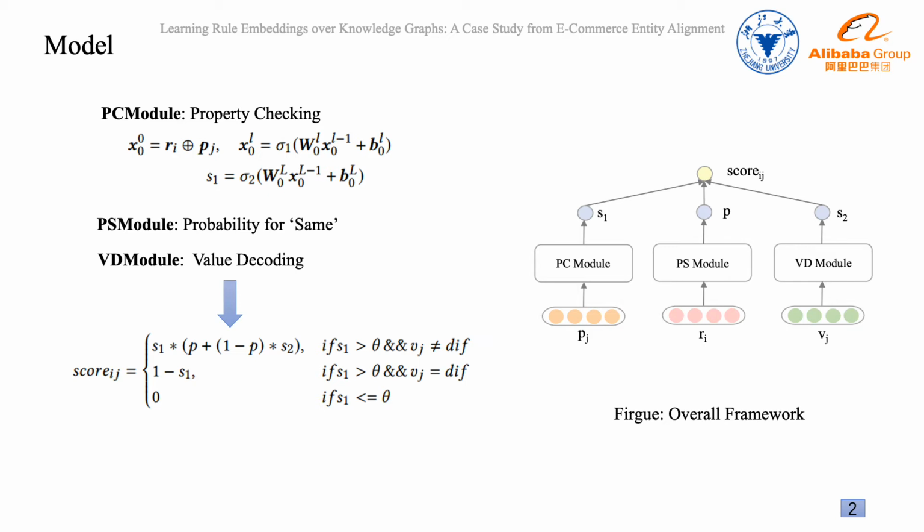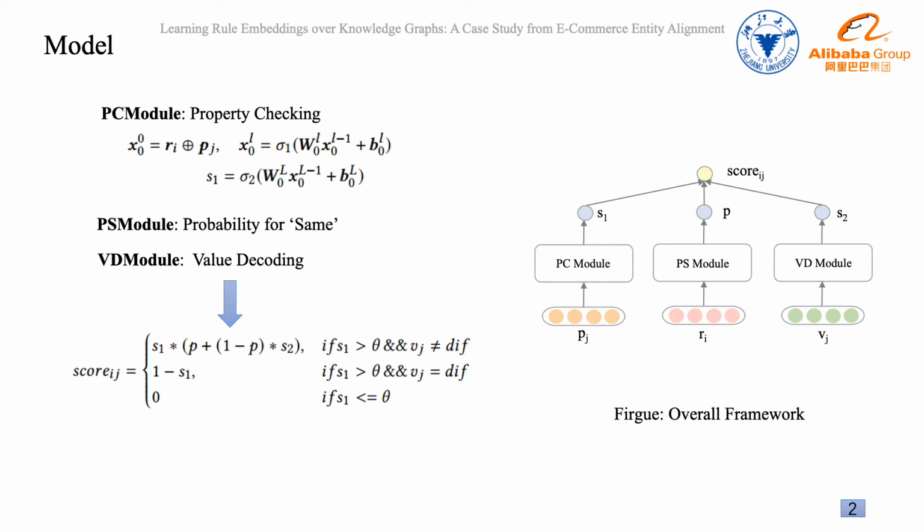The second one is the PC module, which will generate a score P to estimate whether the value of the input property should be the same if it is included. And the third one is the VD module, which decodes a specific value for the input property and generates a score S2 to evaluate whether this decoded value matches the input value.